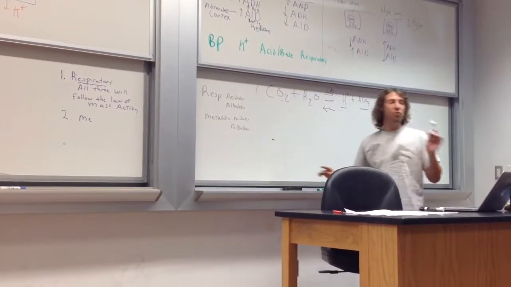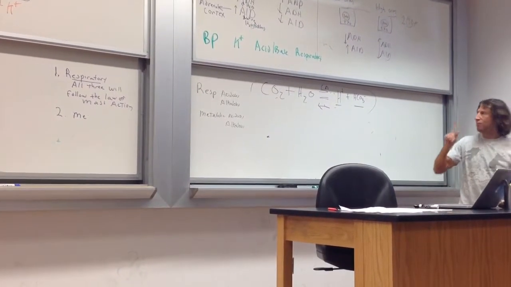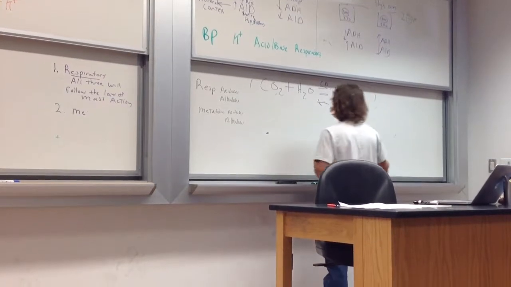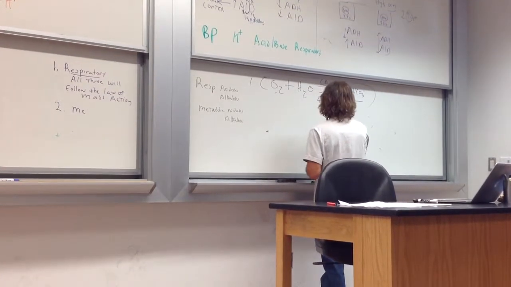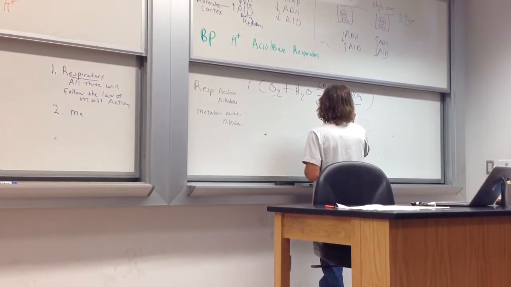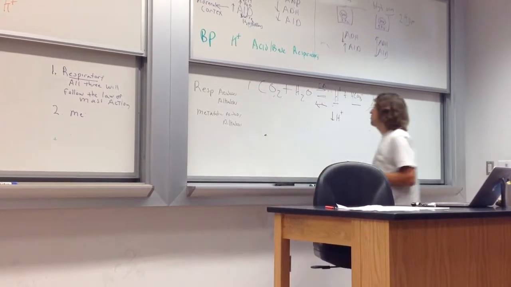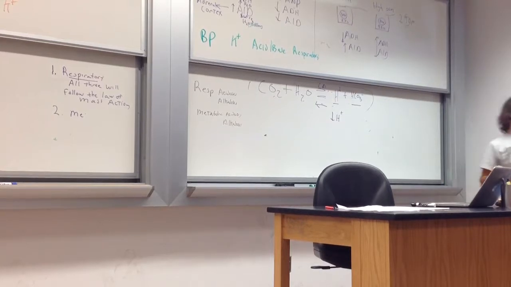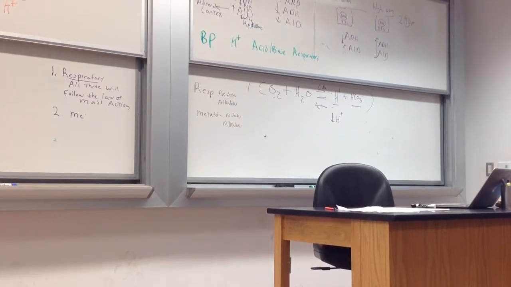So the first thing on the metabolic is the following. Let's say we have vomiting or whatever, but whenever we talked about having low hydrogen, what was that in general? Acidosis or alkalosis? Alkalosis.